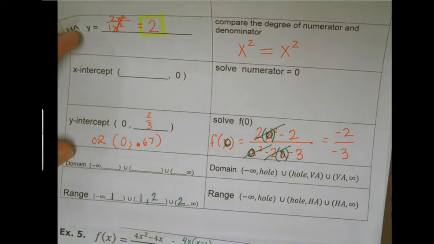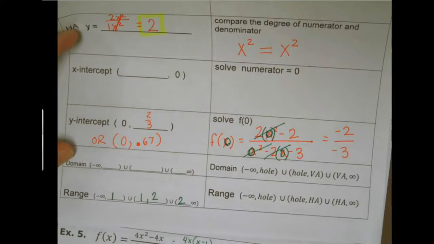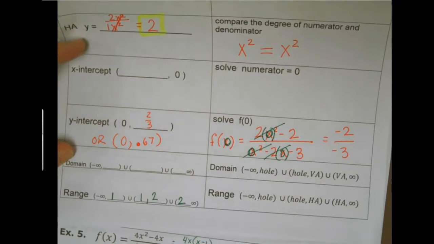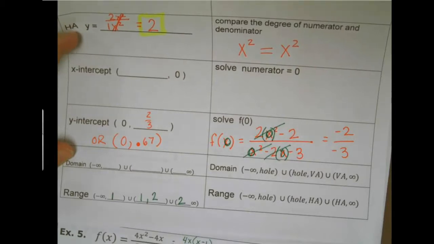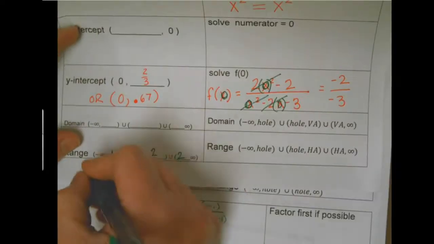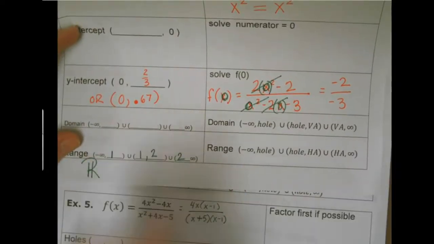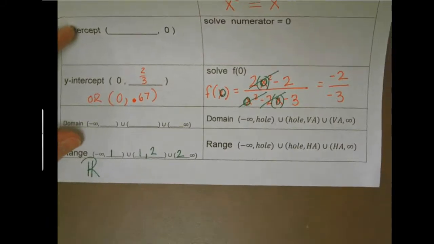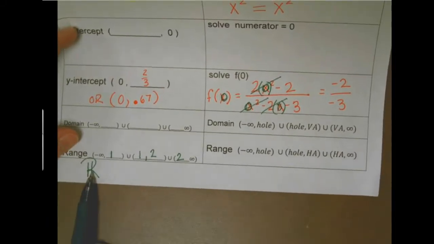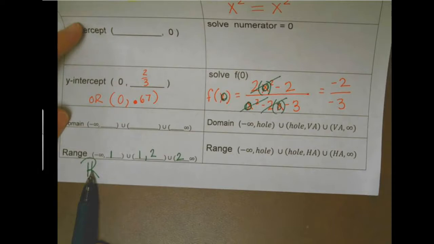But do you remember way back from the beginning of the year, all the way back to August, interval notation is not the only form, is it? Did we have an inequality form? In inequality form, how did we express negative infinity to positive infinity? We didn't actually use inequality notation. We used the symbol R for all real numbers.